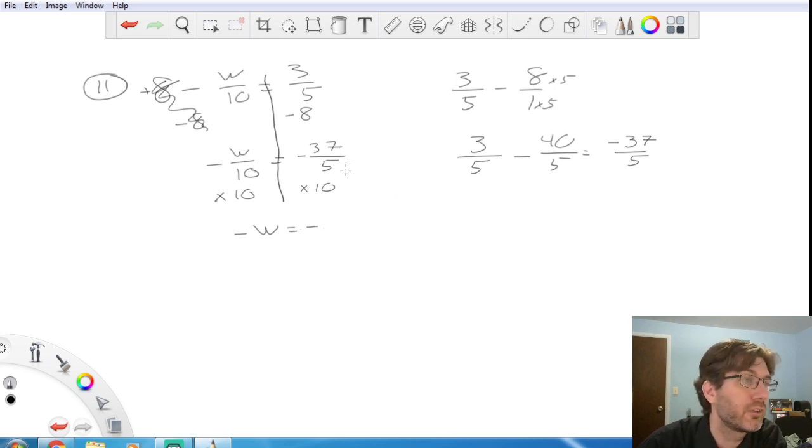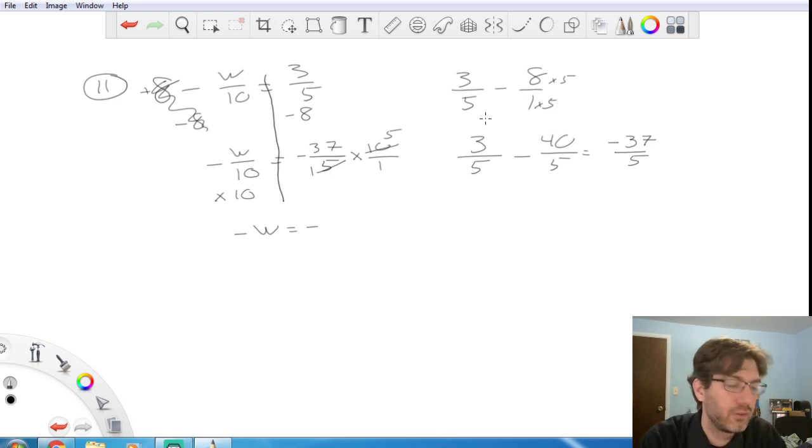And then 37 over 5 times 10, we can write it out like that. These can pre-cancel, 1 and 5. Negative 37 times 5 gives you your negative 37 times 5, 185.